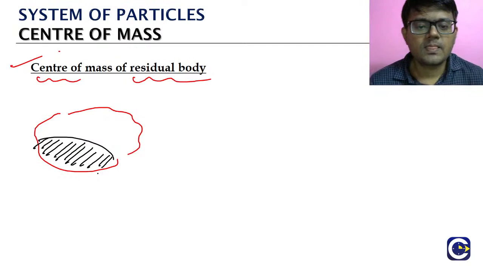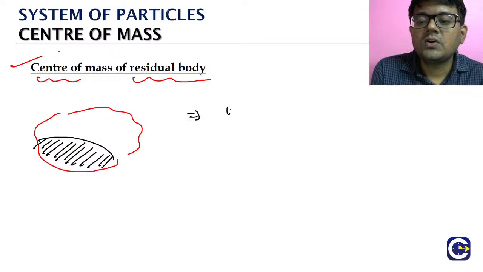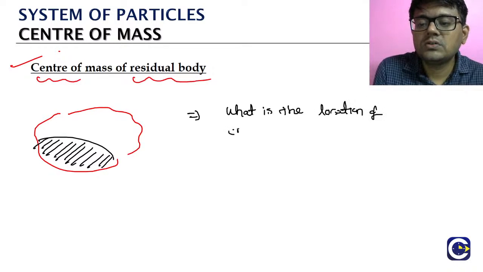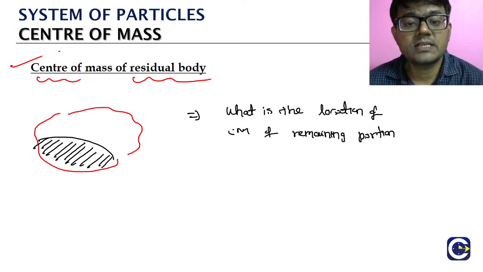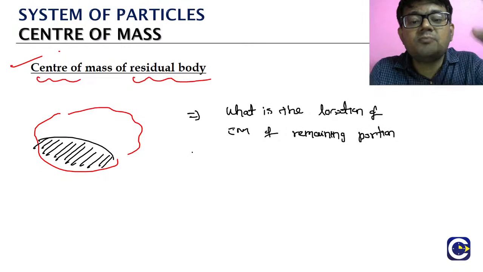Then they will ask us questions like this: what is the location of the center of mass of the remaining portion or residue portion? They will be asking us to tell the center of mass of the remaining portion, the residue portion.